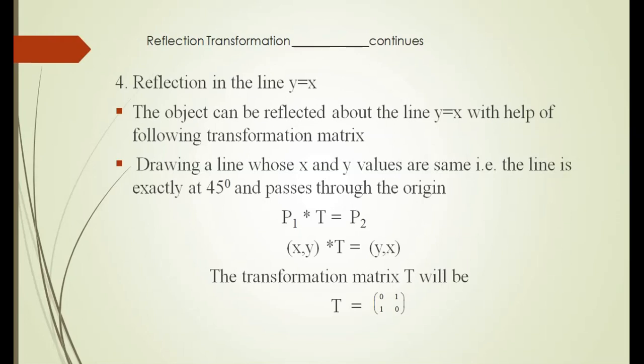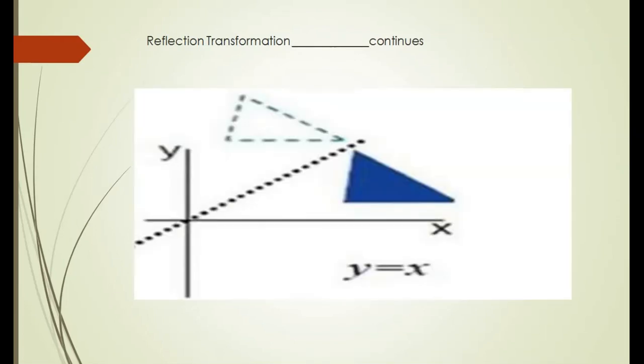So here, if you want to take the reflection of the point x and y coordinate with respect to this line, it will become the point y x. That means if we are placing a mirror at the line y is equal to x, in this case the values of x and y get interchanged.